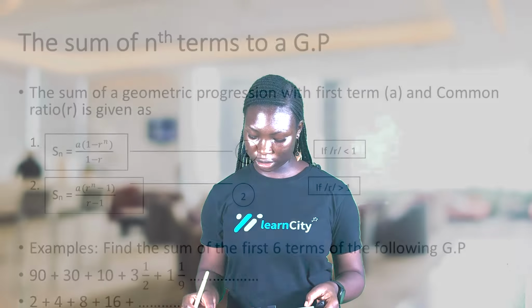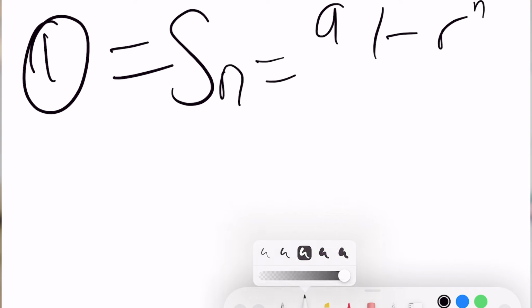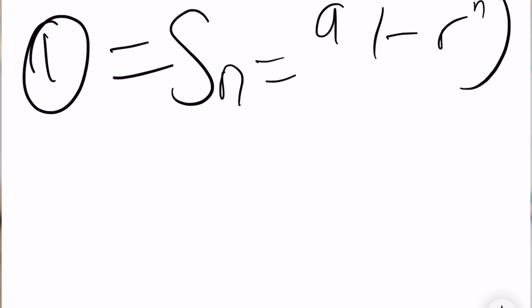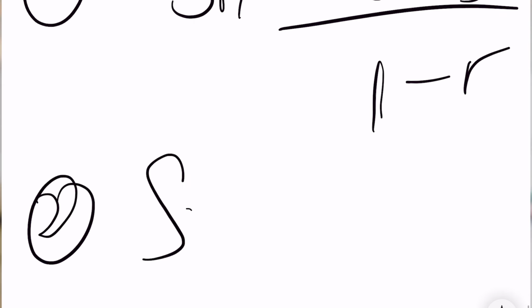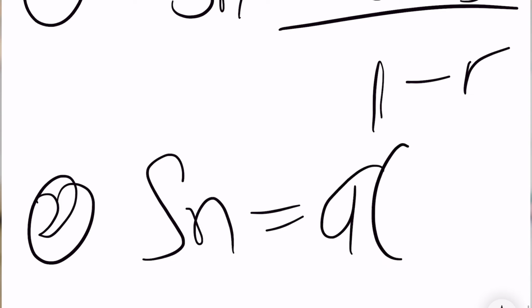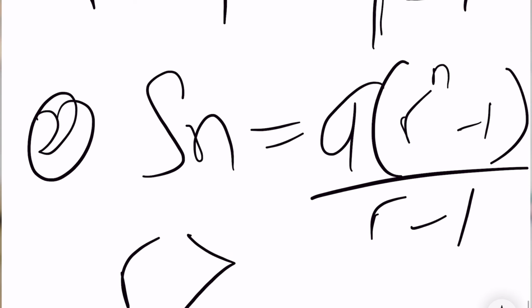For the first one, we have Sn equals a into bracket 1 minus r^n over 1 minus r. And for the second one, we have Sn equals a into bracket r^n minus 1 over r minus 1. The first is for r less than 1, and the second is for r greater than 1.